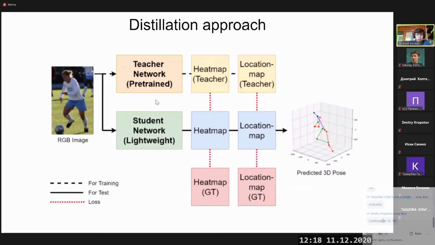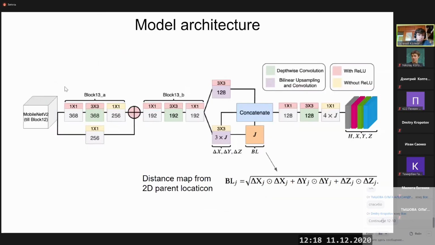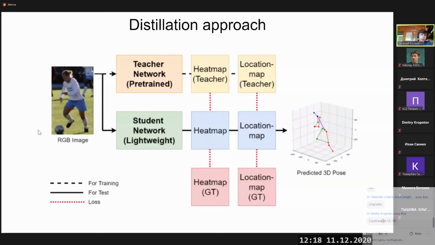They use as a teacher network a model with such architecture, but instead of MobileNet, they use ResNet. As a student network, they use the MobileNet version. During training, they use teacher network outputs, but when they predict poses, they use just the student network, and such an approach gets some benefits.